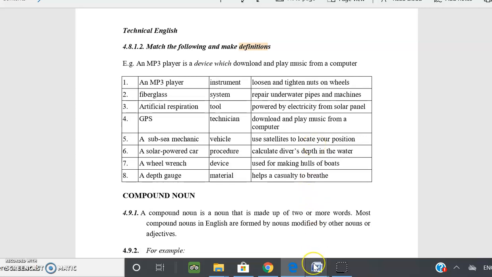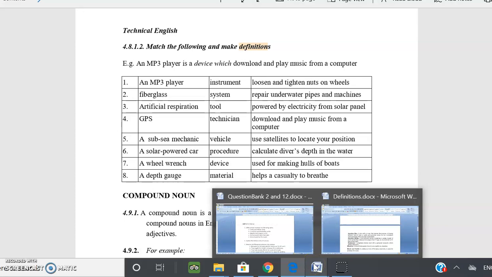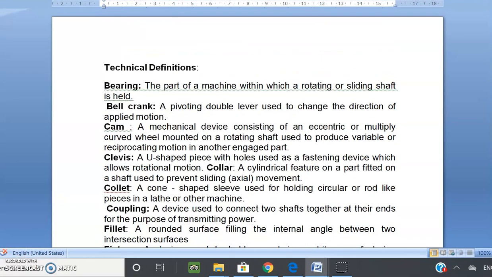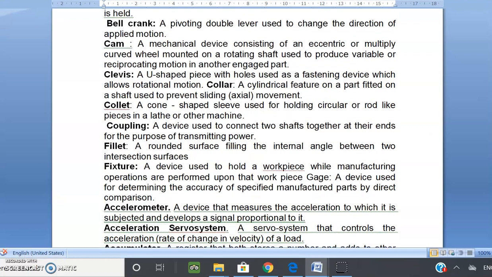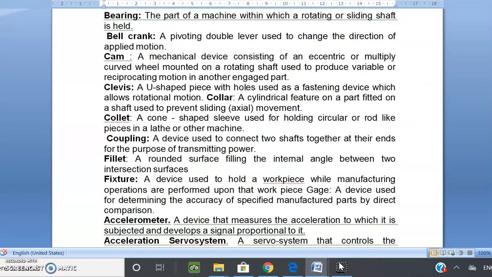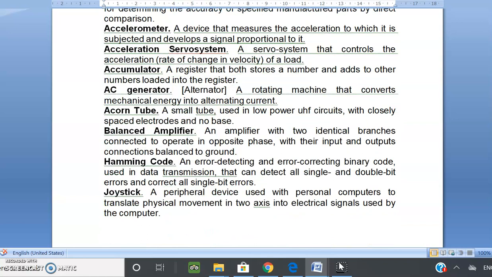Now I have some notes on definitions which I would like to share with you. These are some more examples of definitions which I want you to know, some more technical examples. All of this will be shared with you. For example, what is a joystick?